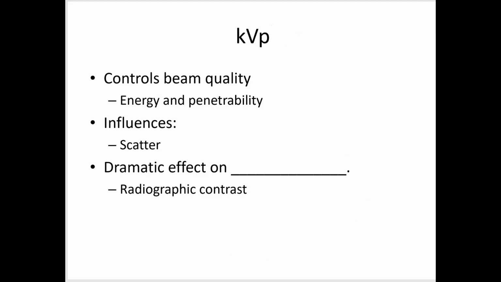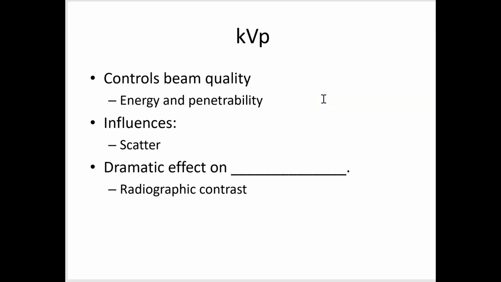Okay, kVp, remember that is the quality. It's how energetic those photons are, their energy, and therefore the penetrability of those photons. Now, the kVp, we know, influences the amount of scatter produced.